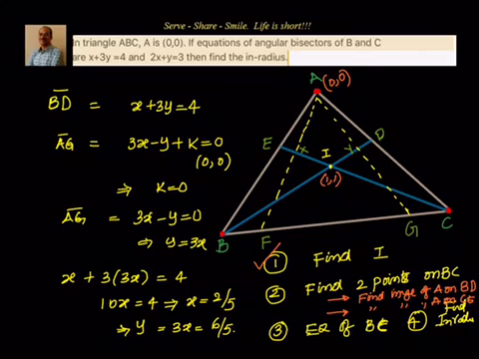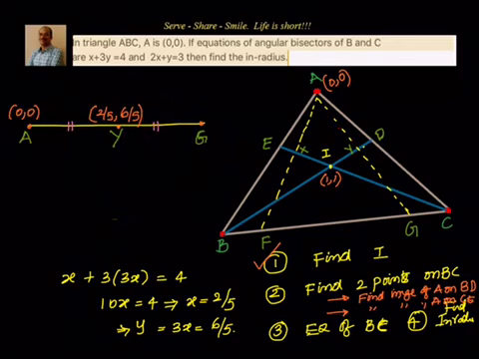Now these are the coordinates of Y, which is the intersection of BD and AG. But we know that Y is the midpoint of AG. So just now we found the coordinates of Y.